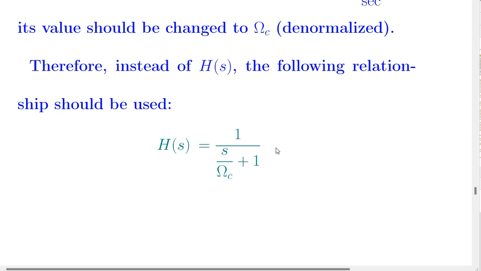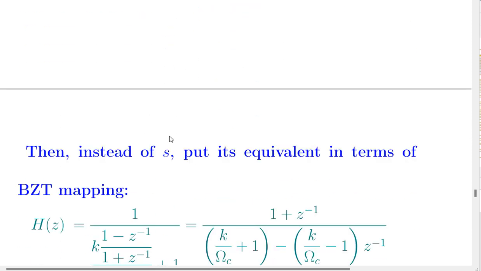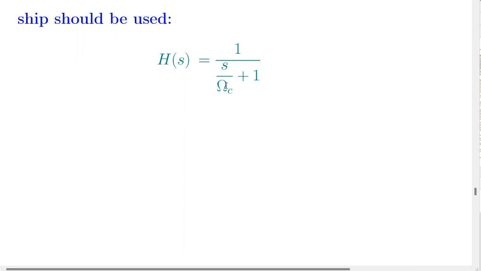This filter has a cutoff frequency of omega c radian per second, not 1 radian per second, because we need it. So the prototype needs to be converted to whatever we need.